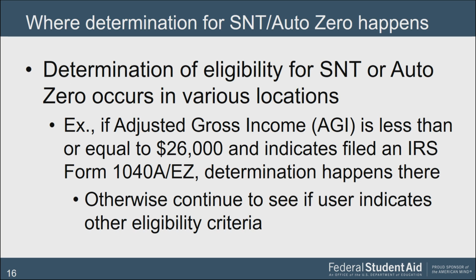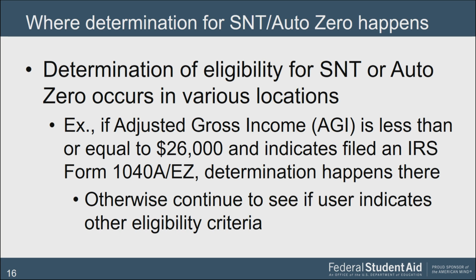So we make the determination of eligibility in several different locations, and that is because of the skip logic. The way that the website is set up, I believe, we are still asking those questions on the same view, but we display them or not, based on how you answered a previous question.